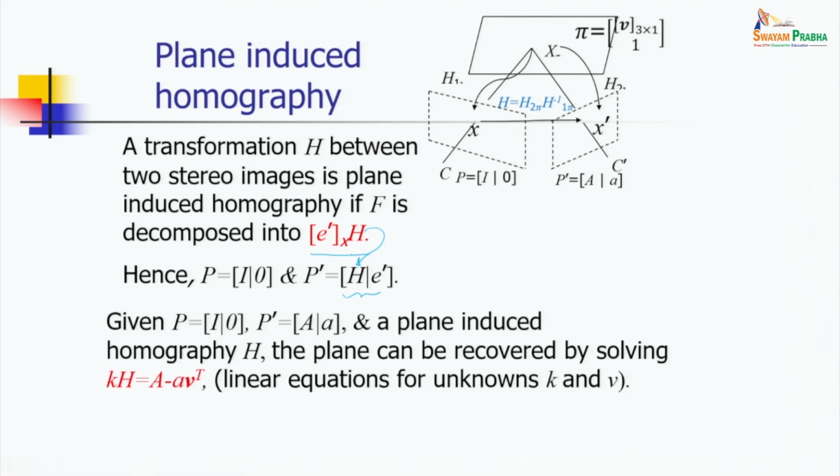Given P and a plane induced homography H, the plane can be recovered by solving this equation. We need to find V, and since this is in the normalized form, we can solve the plane.